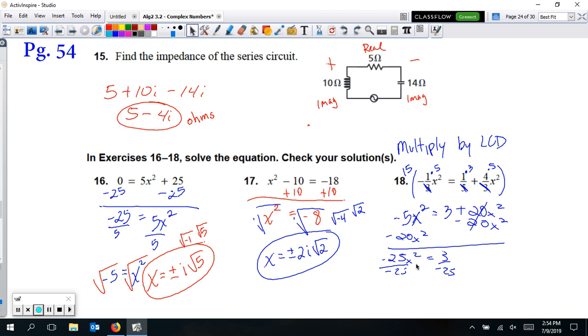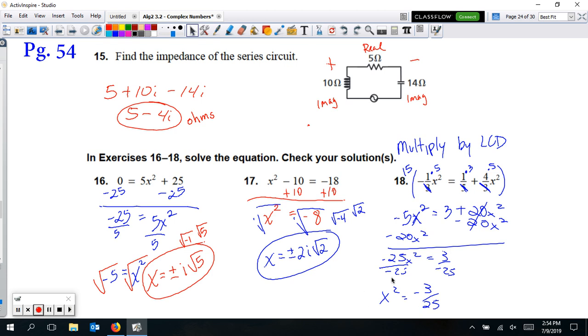Notice there's no other x term. So these all three, 16, 17, 18, were all set up to be solved by using square roots. We didn't need to factor any of them. And so this is going to cancel out, leaving us with x squared equal to this fraction here. So I have x squared is equal to negative 3 over 25.